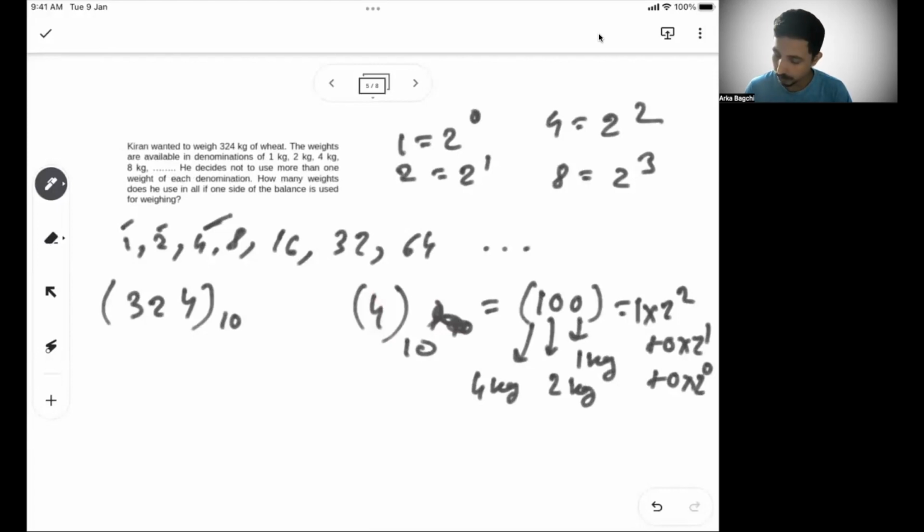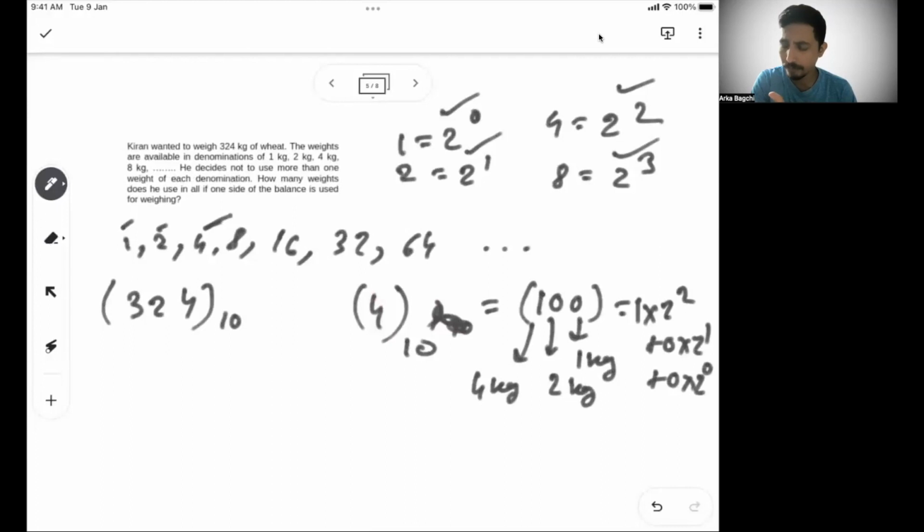So these are nothing but a base system of 2, right? The weights available with Kiran are in the sequence of powers of 2. That means the number that you need to use is in base 2. Then you see where there is a 1, you use that weight. Where there is 0, you will not use that weight.